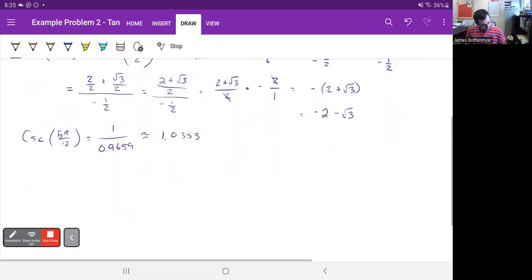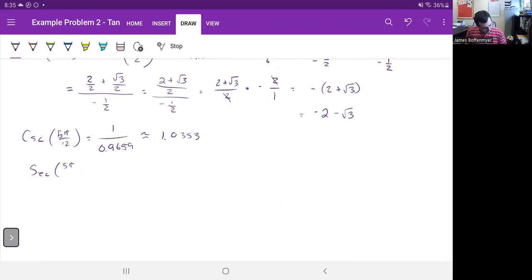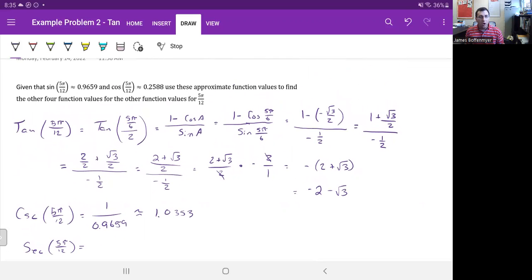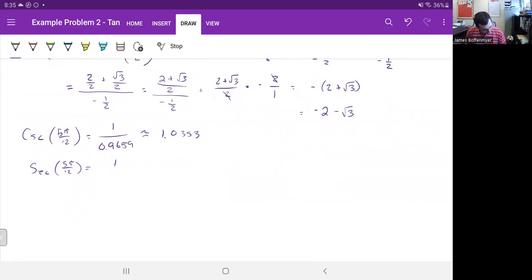All right. And then secant is the reciprocal of cosine. So that would be 1 over 0.2588, which is approximately 3.8639, give or take, and whatever rounding issue that would be.